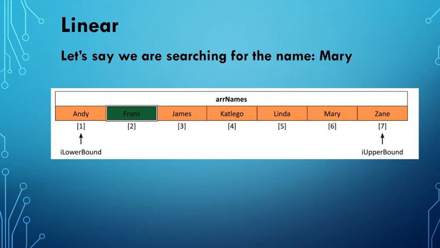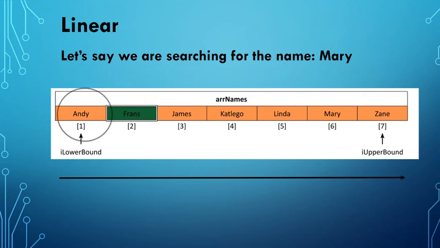Now we can see Mary is in position 6, but can you imagine this array having 15,000 elements and you have to find Mary? There's no way that you can know in which position Mary is found. So what do we do? We have to start in the beginning and search all the way through. Hence the word linear.